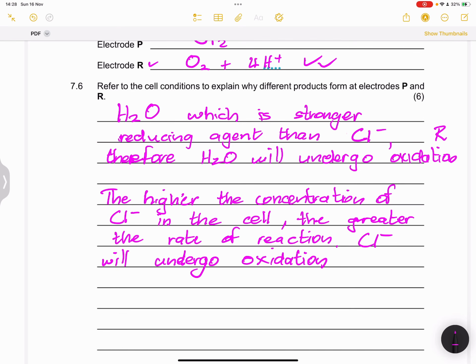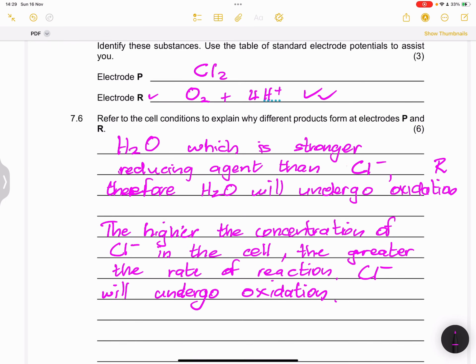And that is the sole reason. Otherwise, the same reaction would have happened, but because you've got a much higher concentration there, remember, the higher the concentration, the greater the rate of reaction. Okay, right. So as a result, that is why we form chlorine in reaction P. That's why we're able to form chlorine over there.